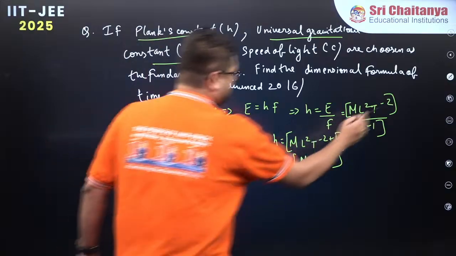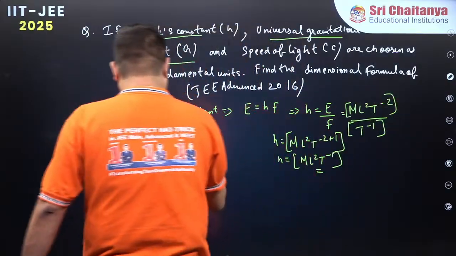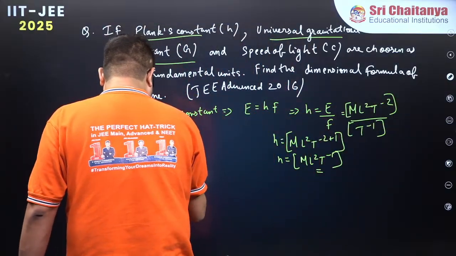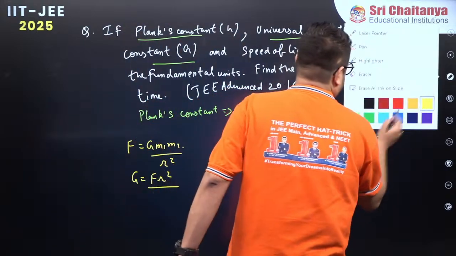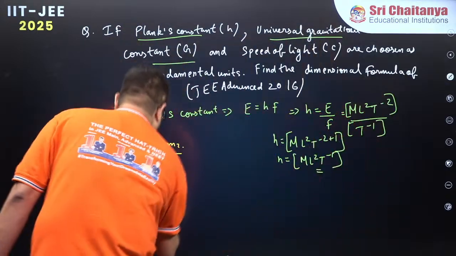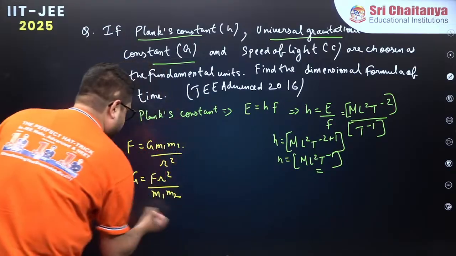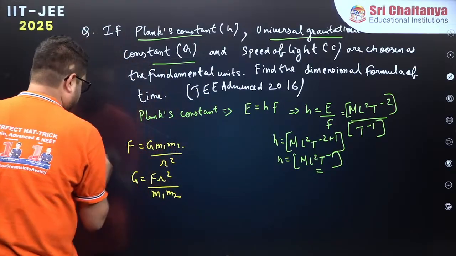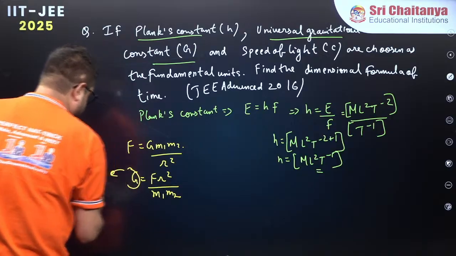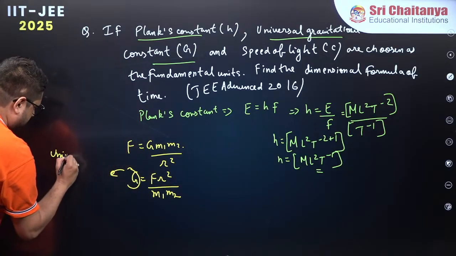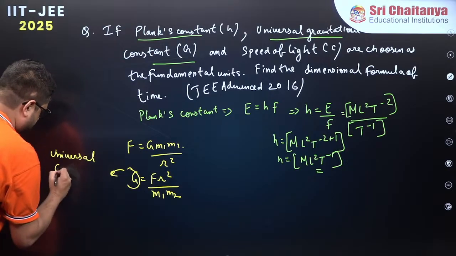What if I say that the masses are equal? If the masses are equal in nature, then what is going to be the nature of the equation? The dimensional formula associated with the universal gravitational constant, this G stands for the universal gravitational constant.